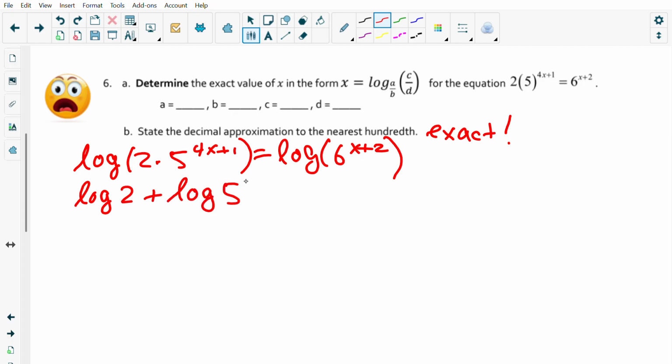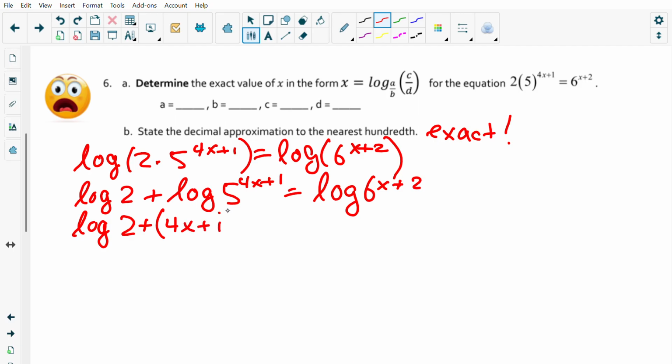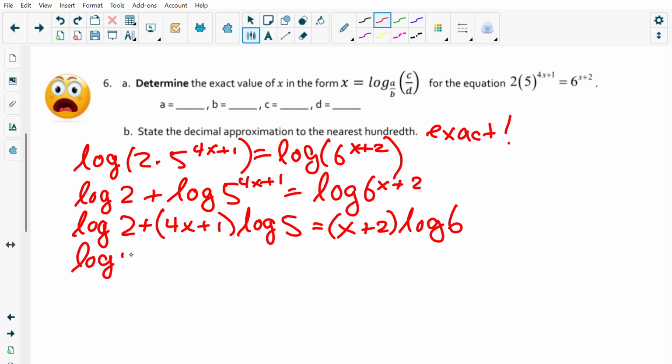Okay, let's apply the product law. Log of 2 plus log of 5 to the 4x plus 1 equals log of 6 to the x plus 2. Let's apply some power law here. So plus 4x plus 1 log of 5 equals, power law again, log of 6.